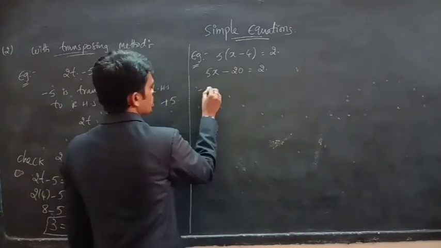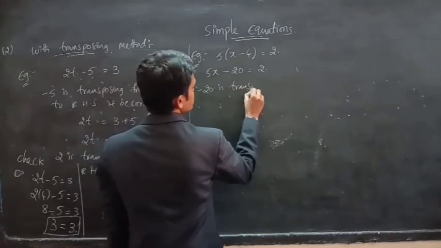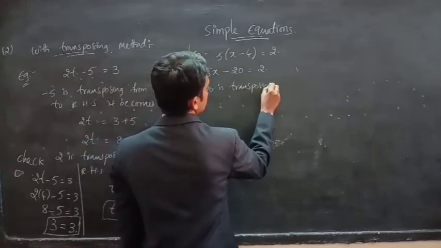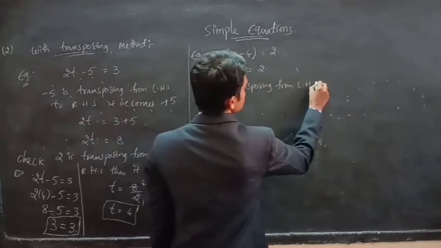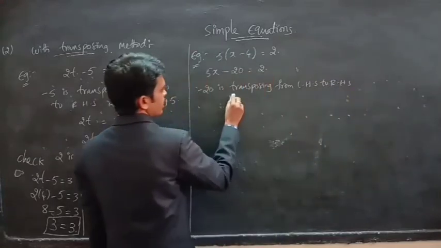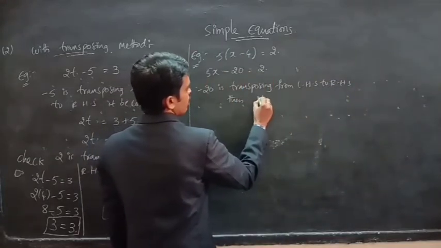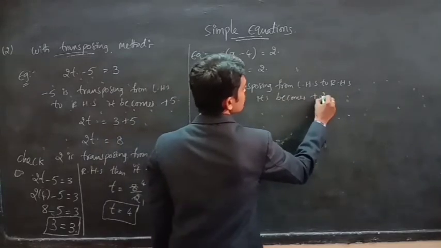So minus 20 is transposing from LHS to RHS. Then it becomes plus 20.